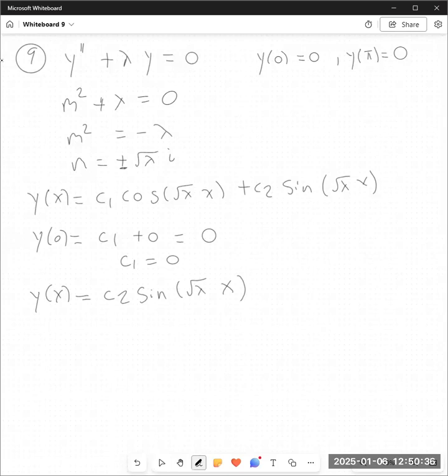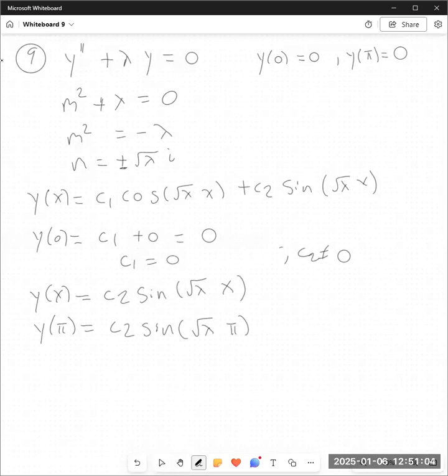And we want to stick in pi here for x, c2 sine of root lambda pi. Remember that because c1 is 0, that means c2 cannot be equal to 0. It's arbitrary. It's allowed to be anything else that we want it to be.